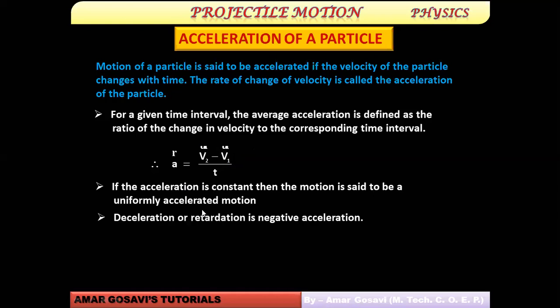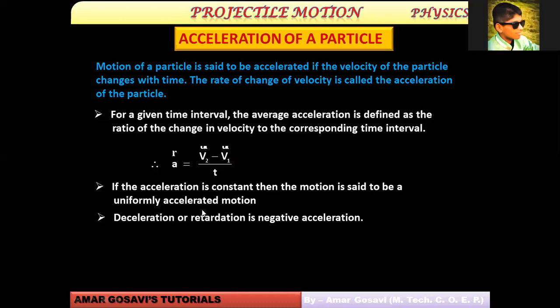Now, what is deceleration or retardation? Acceleration can be of two types. Positive acceleration is where the object gains momentum and starts moving. But for a train driver to stop a train, he has to apply the brake. That time also the velocity will change, but in a negative sense.